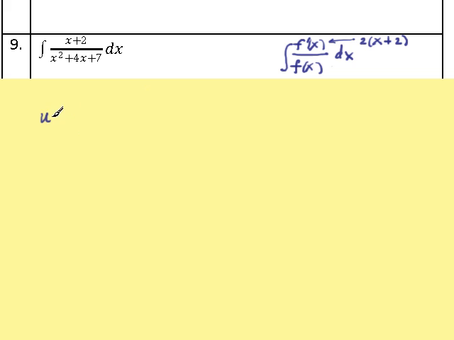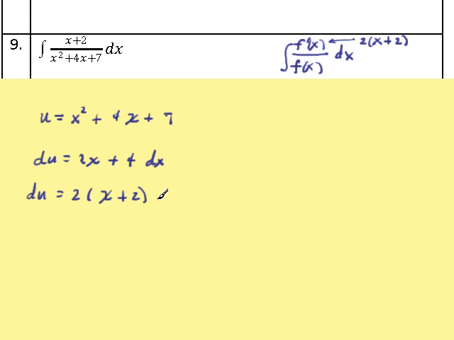So again, we're going to put u equal to the denominator. We're going to get a 1 over u integral. du is 2x plus 4 dx. And we're going to write this as, just factor out the 2. Okay, let's divide by 2. Okay, and now we're ready to do our substitution.